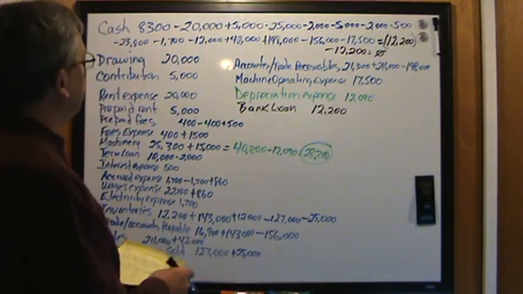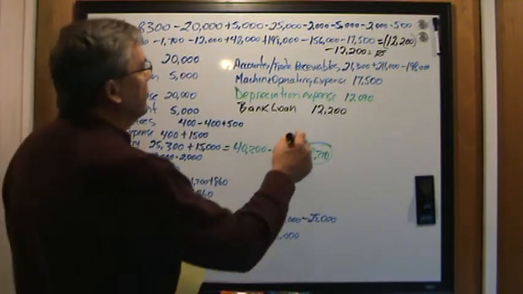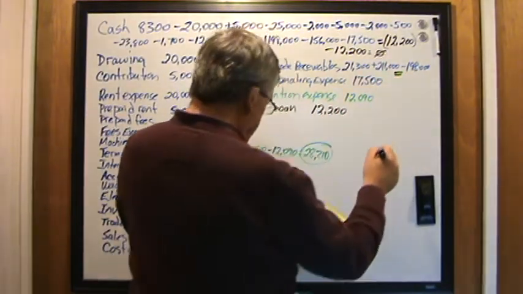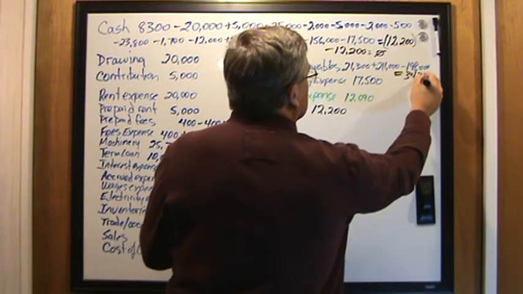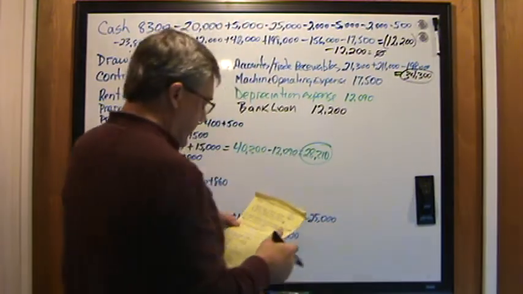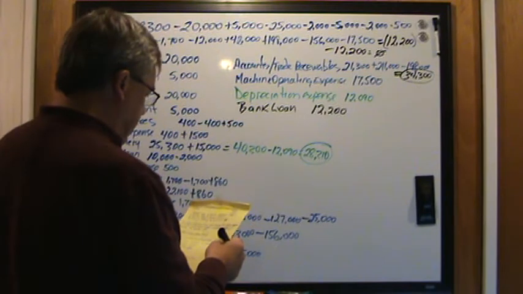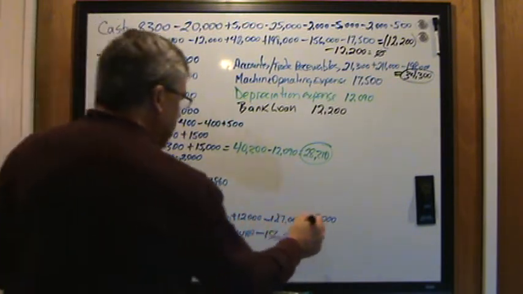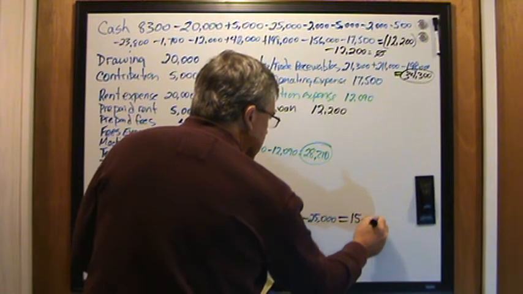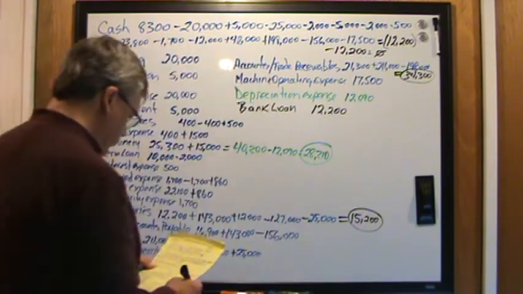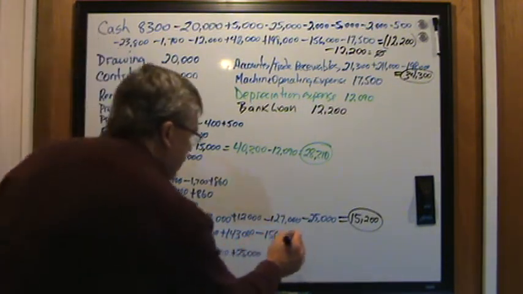A few of the other totals here. Accounts receivable total is $34,300. Inventories end up being $15,200. Accounts payable, $3,900.